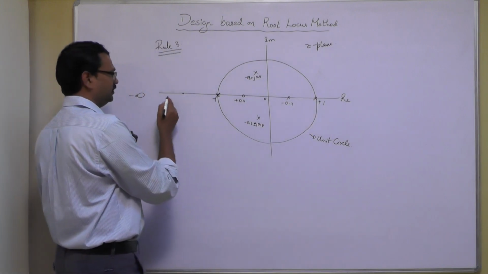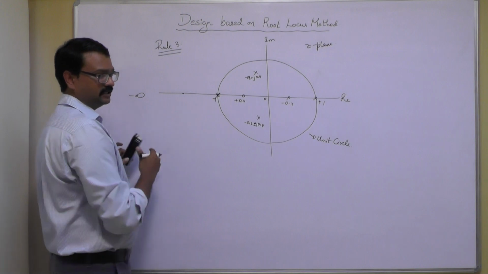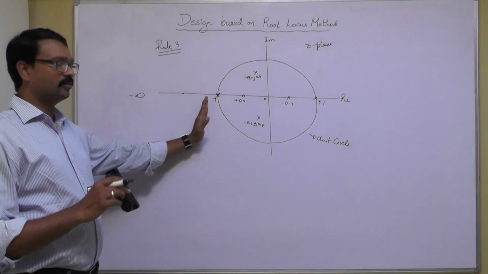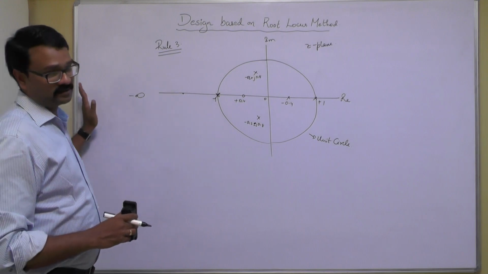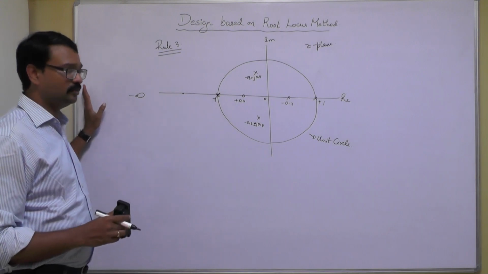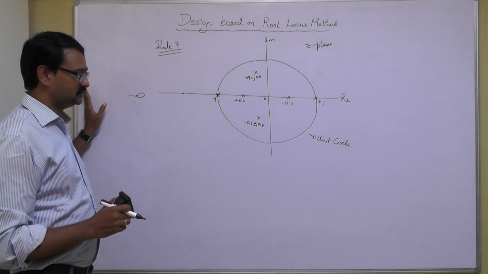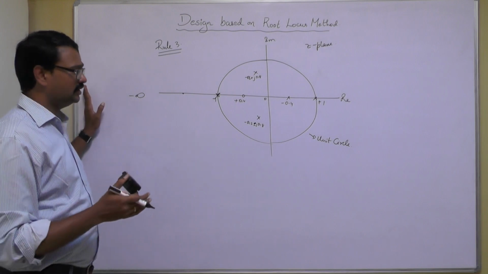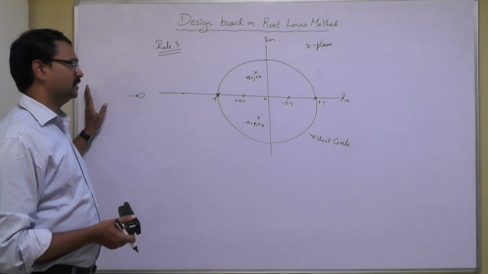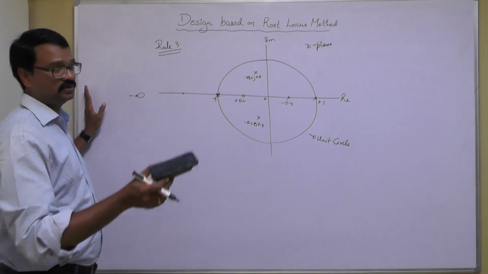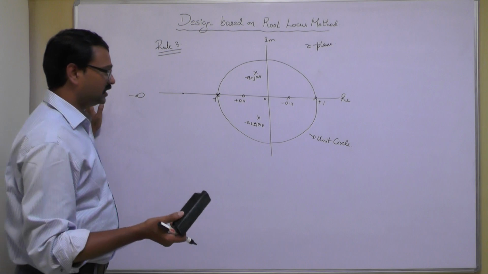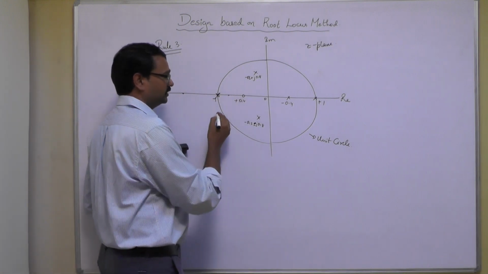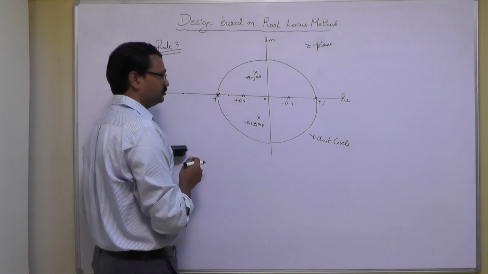So anywhere you consider a test point from minus infinity till just before minus 1, that portion of the real axis will not lie on the root locus, because the number of poles and zeros is even. Now consider a test point between minus 1 and plus 0.4.